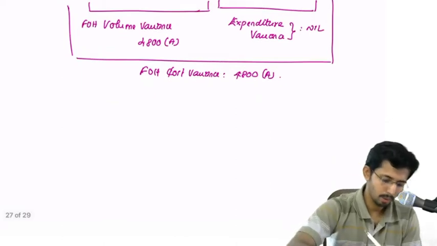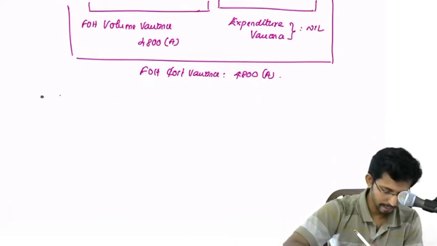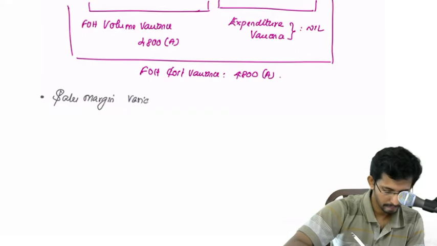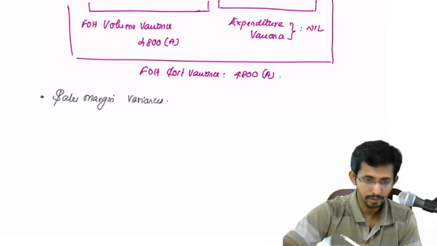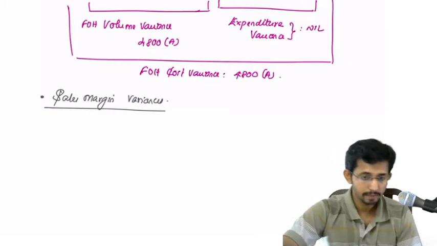Now you have to compute sales margin variances. How do you compute the sales margin?